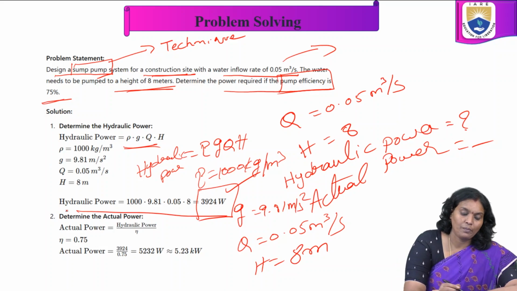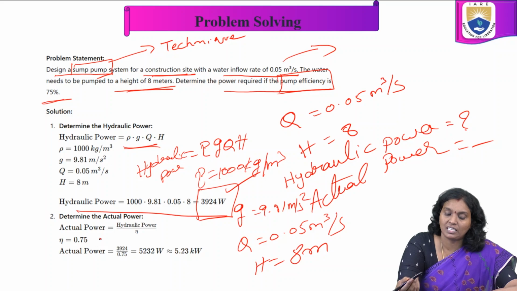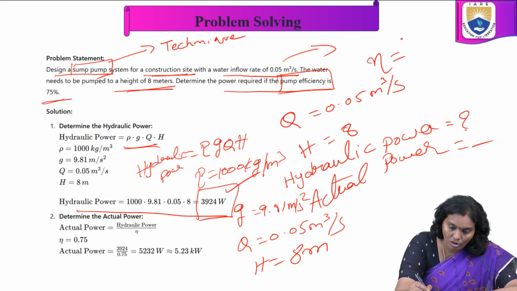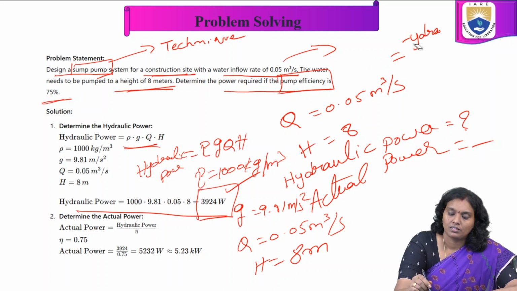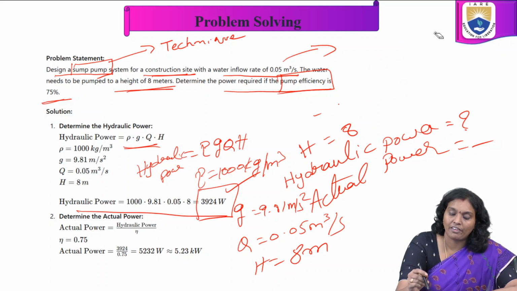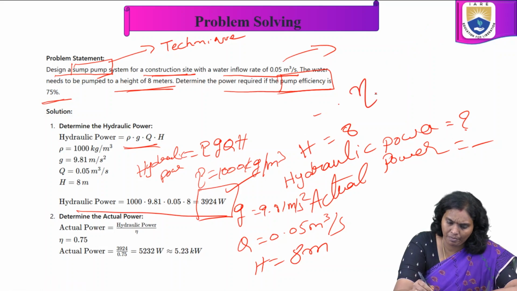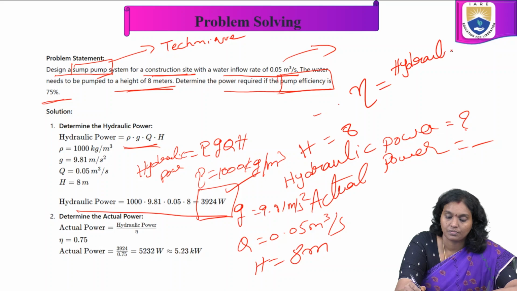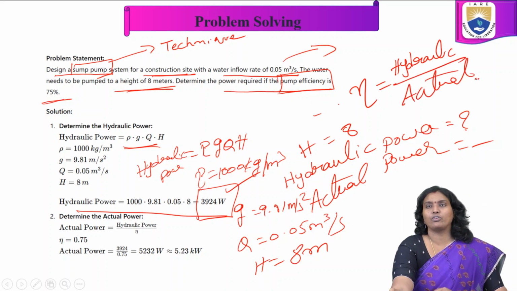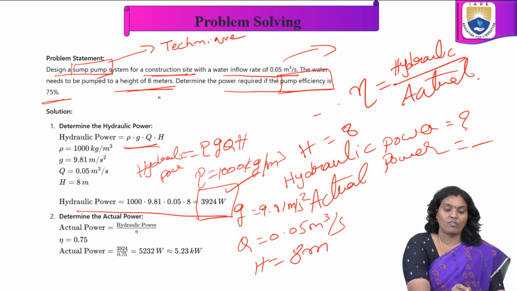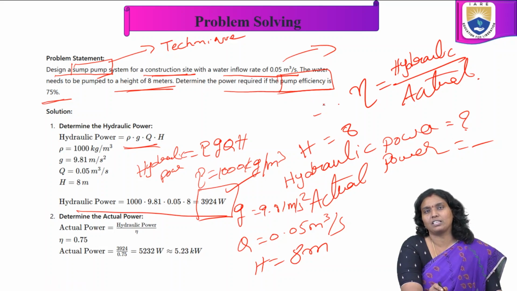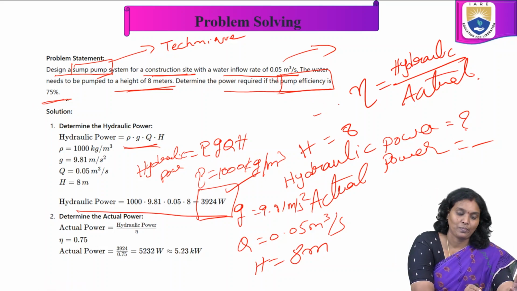Now move on to the actual power. Actual power depends upon the efficiency. Efficiency is equal to hydraulic power divided by actual power, this is the actual formula. According to this, we are going to find out the actual power, as they already mentioned the 75% efficiency.